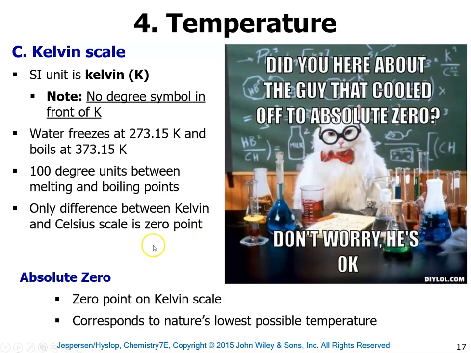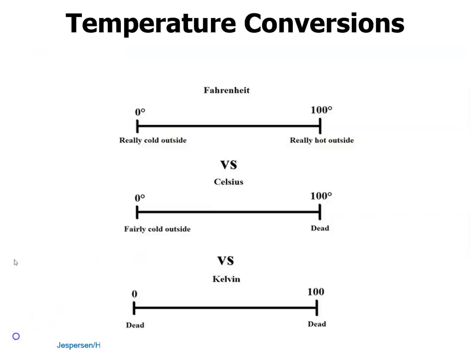So the lowest unit in Kelvin is 0. The lowest unit in Celsius can go well below 0. So absolute 0 is the 0 point on the Kelvin scale, and it corresponds to nature's lowest possible temperature, where nothing's moving, there's no energy in the system, and that's where the 0 point is set.